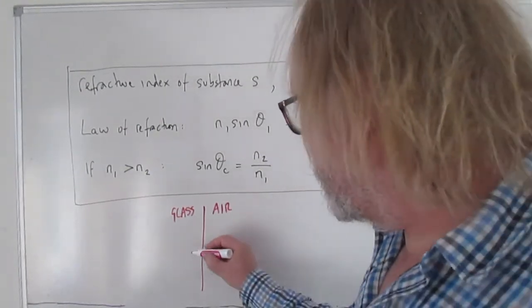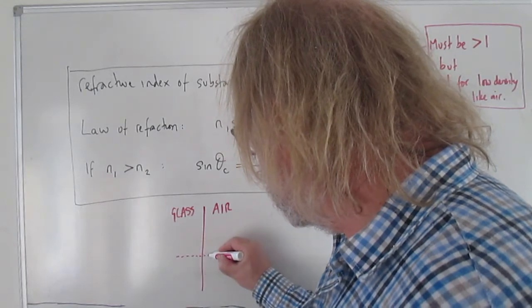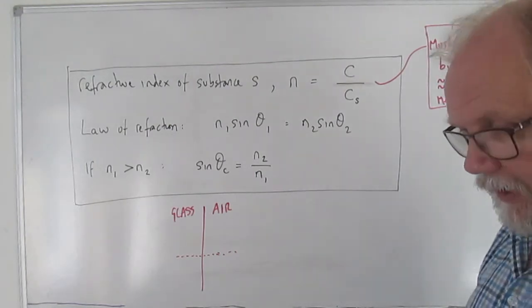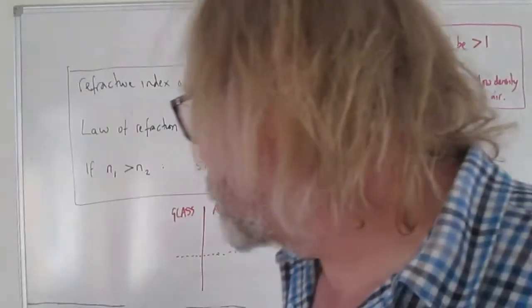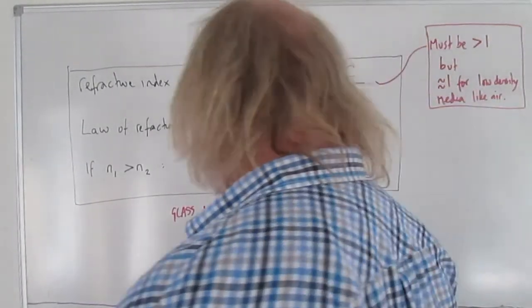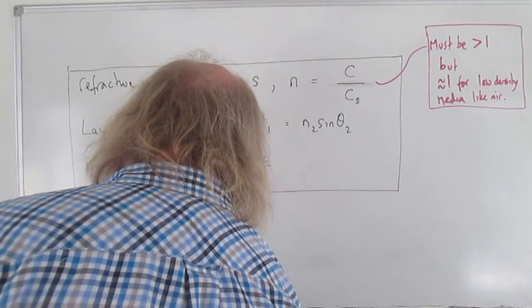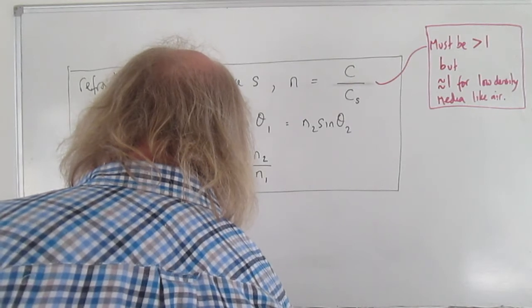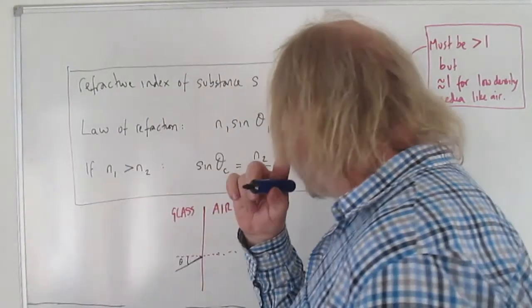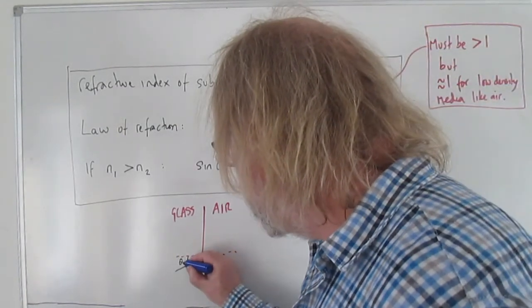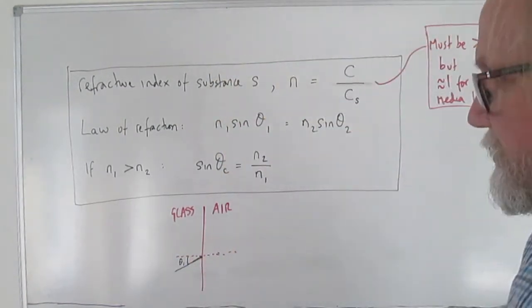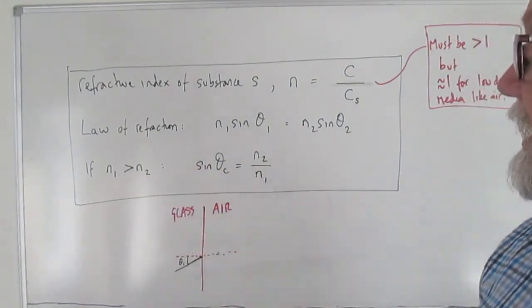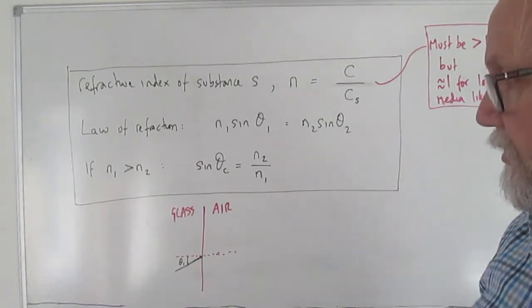So if this is the normal, perpendicular to the interface plane, then what's going to happen is that the light comes in at some angle theta, like that, and we'll call that θ1, the angle in the glass. And I've chosen to do it that way round so that we can derive this, because remember, glass is going to have a higher refractive index than the air, so we'll call that one θ1.